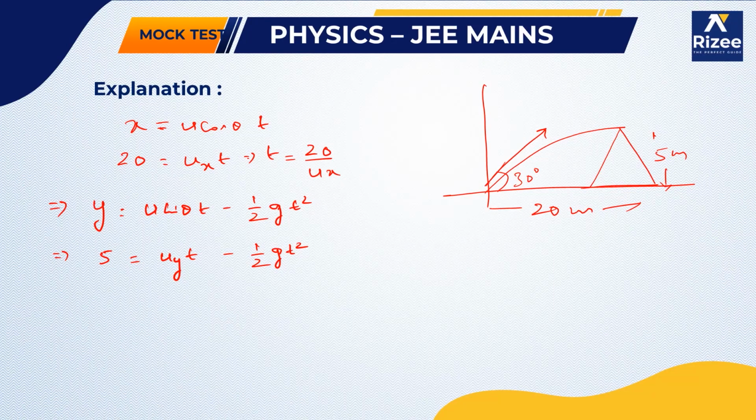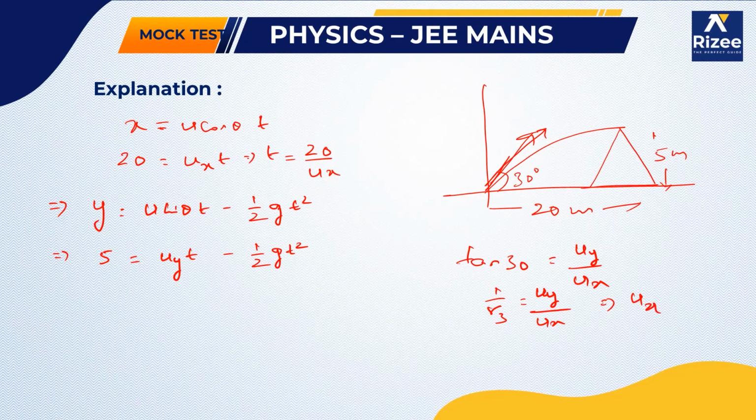Initially, at the starting point, tan 30 is equal to uy by ux. Tan 30 is 1 by root 3, equal to uy by ux. From this, ux is equal to root 3 times uy.